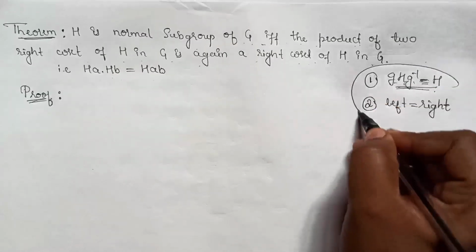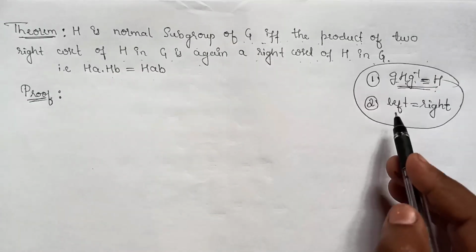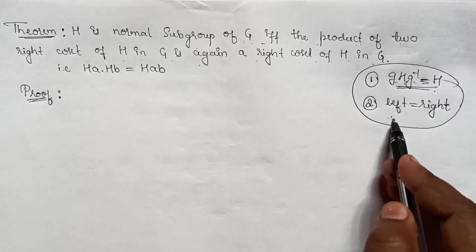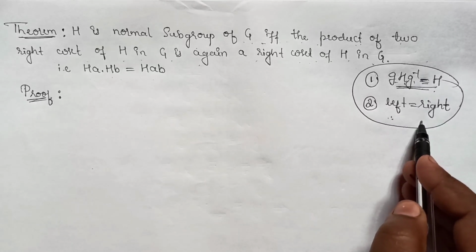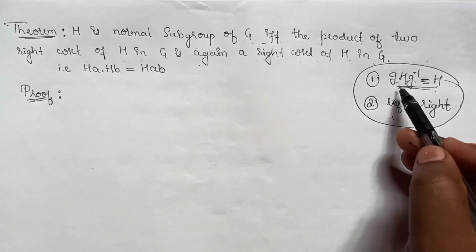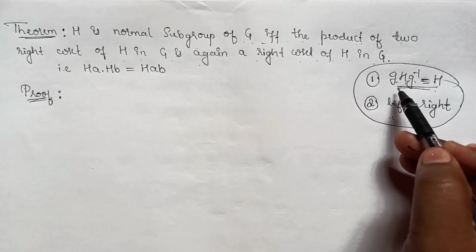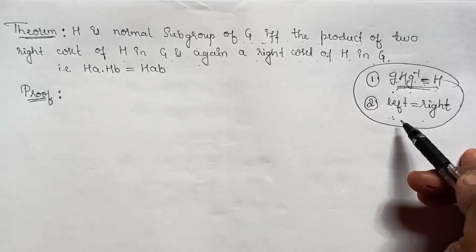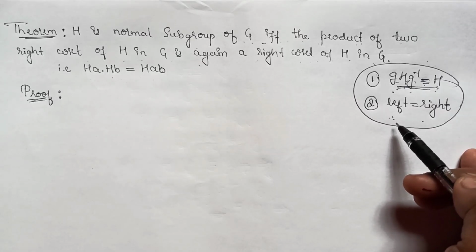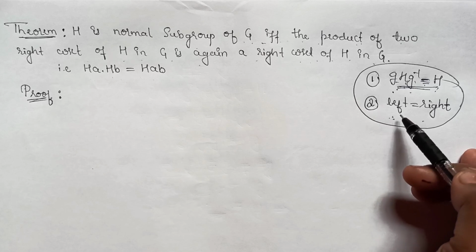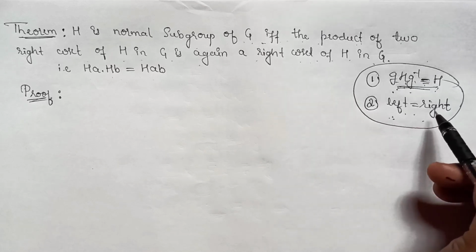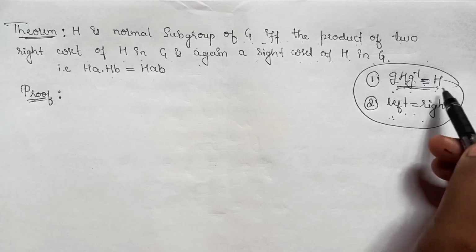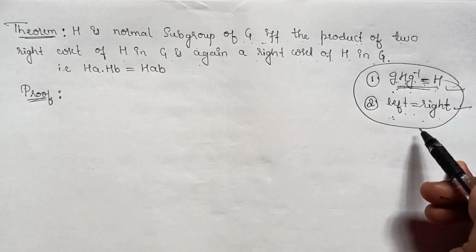So in these two conditions, H is a normal subgroup of G. So once again I am repeating, H is said to be a normal subgroup of G if and only if gHg inverse equals H, or if and only if left coset equals right coset. In these two conditions H is a normal subgroup of G.